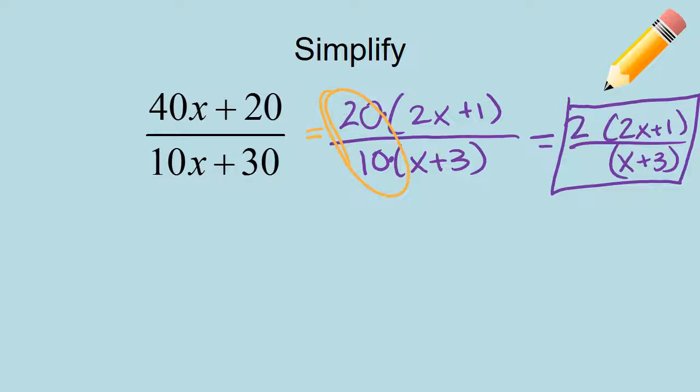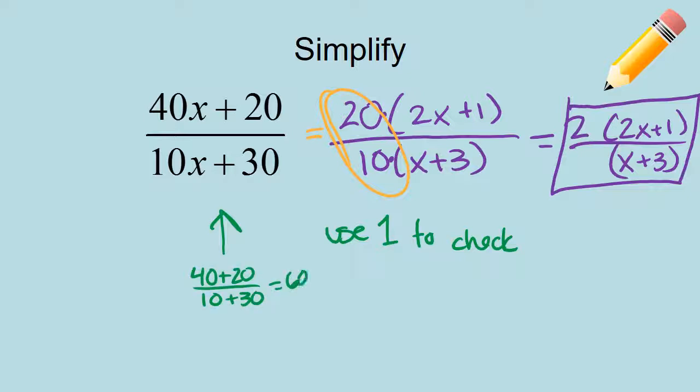So all I did was simplify the rational expression. I reduced it down. Now, one way I can check to see if I'm comfortable in my answer is to use 1 to check, to at least make sure that what you have is equivalent. So for example, if I plug 1 in here, I would end up with 40 plus 20, and 10 plus 30, which would give me 60 over 40, which would give me 6 over 4, 3 over 2.